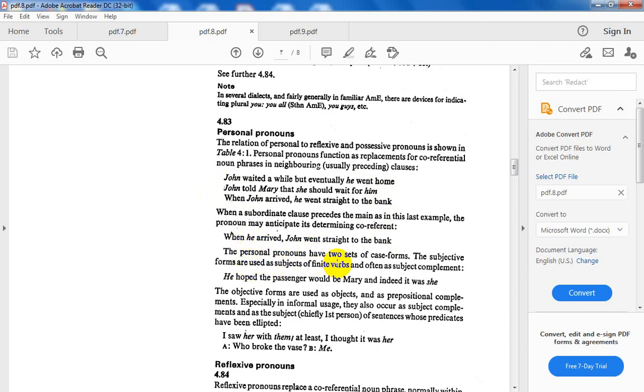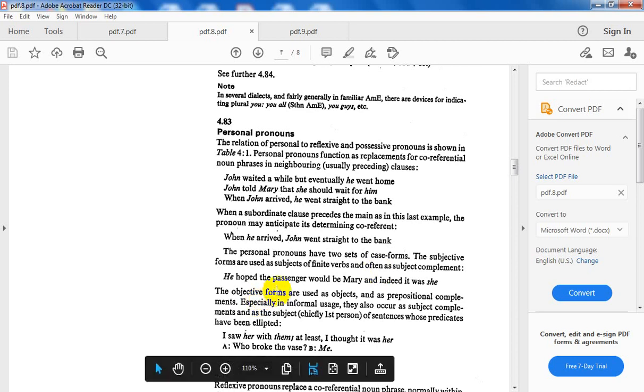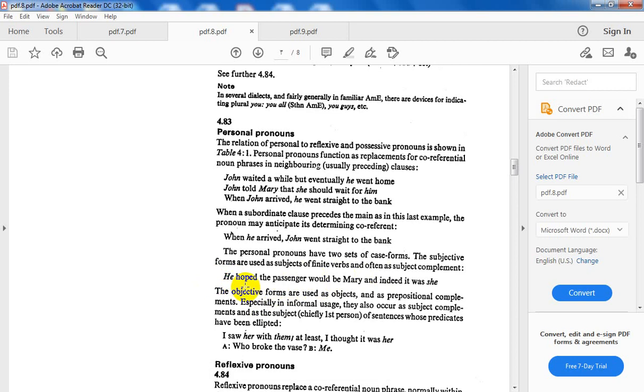The personal pronouns have two sets of case forms: subjective and objective. Subjective forms function as subjects of finite verbs and often as subject complements. He hopped: here he is subjective, functioning as the subject.